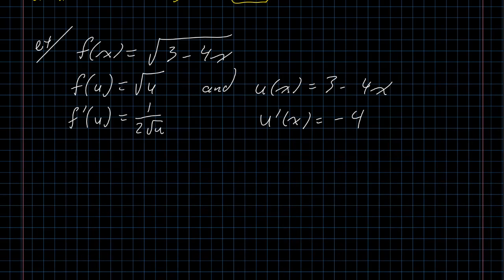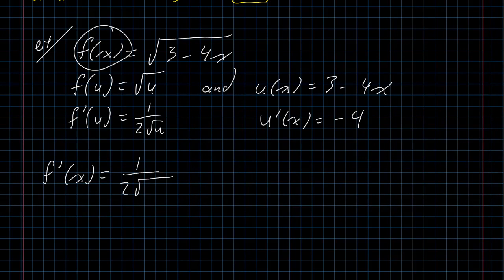And so with that, when we bring everything together and we take the derivative f prime of x, well, it's going to be 1 over 2 times the square root of u of x.